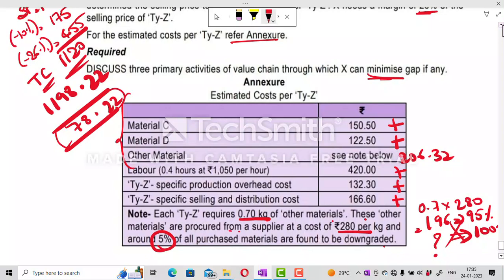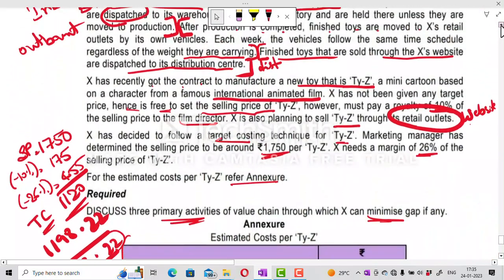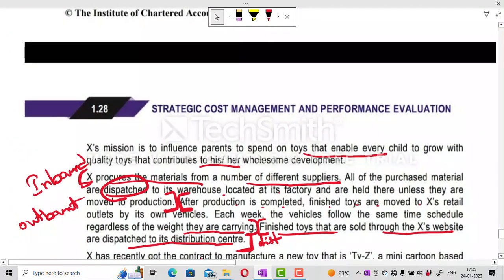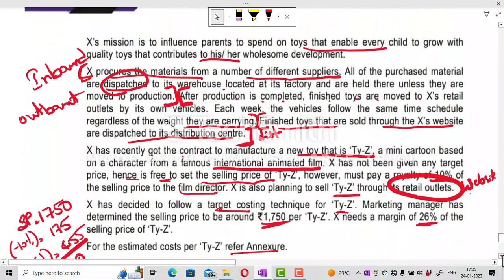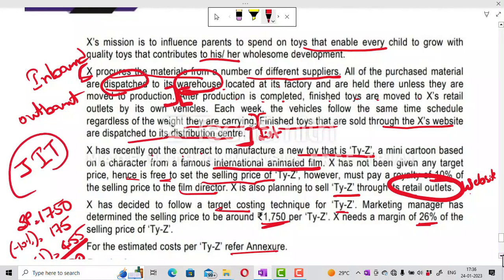How we need to reduce, we should show in terms of any three primary activities. So when coming to the question, where can we reduce? In inbound logistics. See, they are dispatching to the warehouse, so they are storing for some time. Rather than storing for some time, they can follow the just-in-time method and obtain the raw material whenever required.